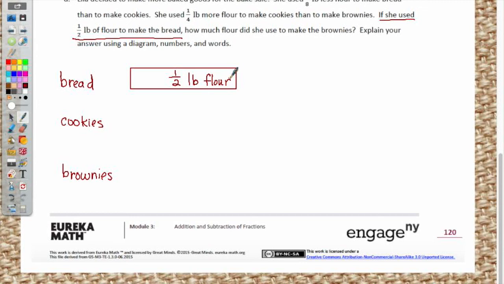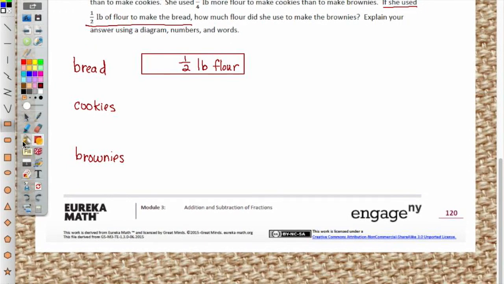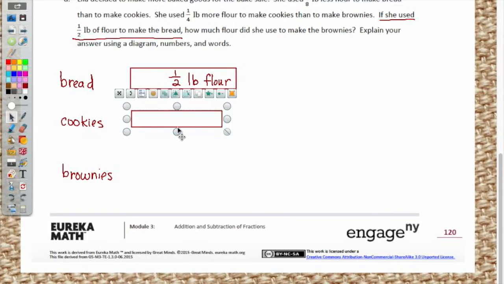Okay, now it says she used 1/8 pound less flour to make bread than to make cookies. So was cookies more or less than bread? Less. So when you make cookies, I want you to make it a little bit shorter than the bread. And see how I lined them up? Try and line up the beginning.